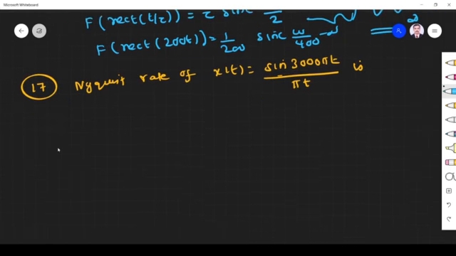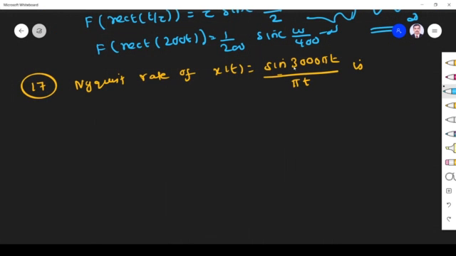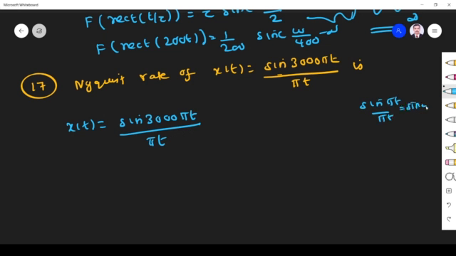Next one, Nyquist rate of x of t is equal to sinc 3000 pi t divided by pi t. This is also a critical problem. This is given by sin 3000 pi t divided by pi t. So as now we know sin pi t divided by pi t is sinc t. Here 3000 is there, so I multiply and divide by 3000.